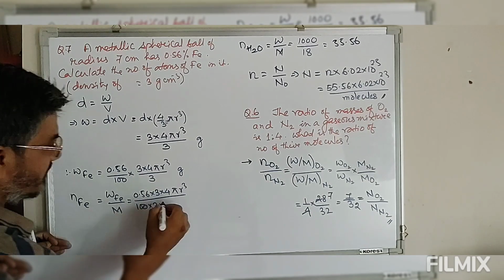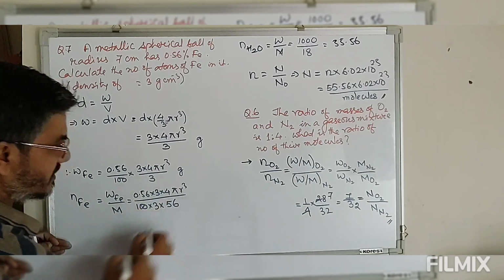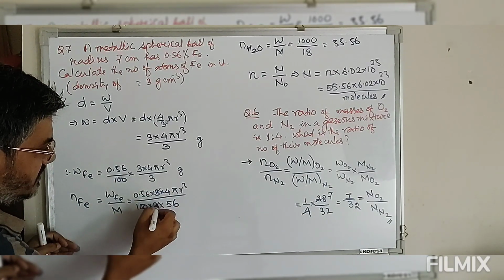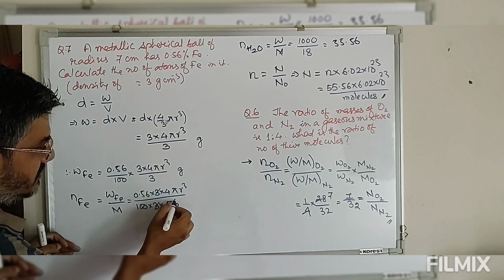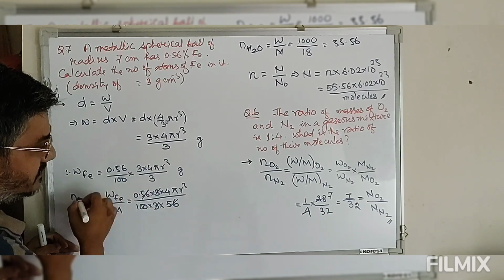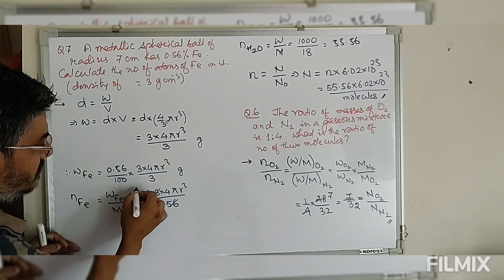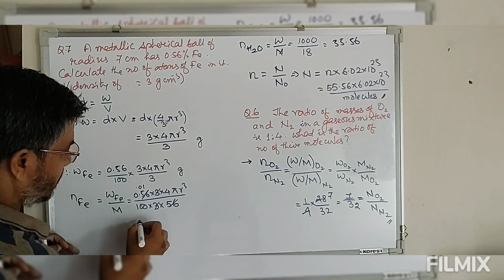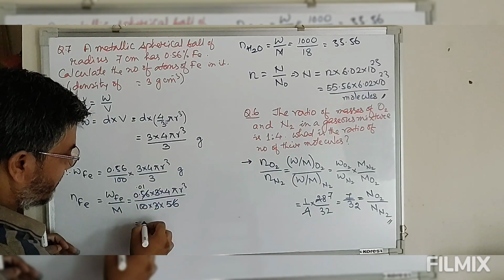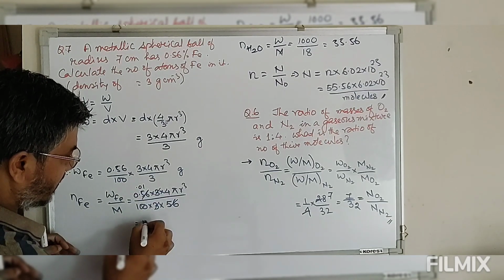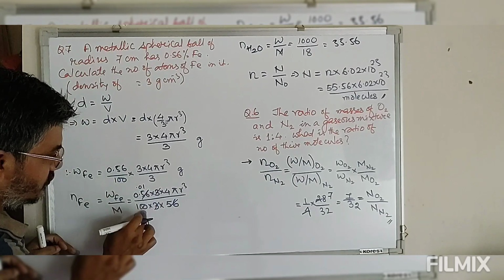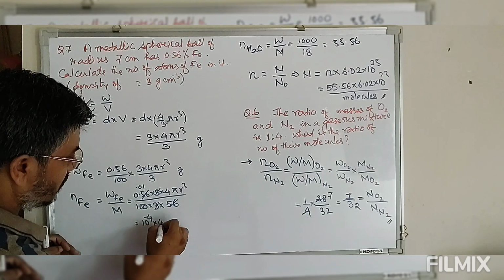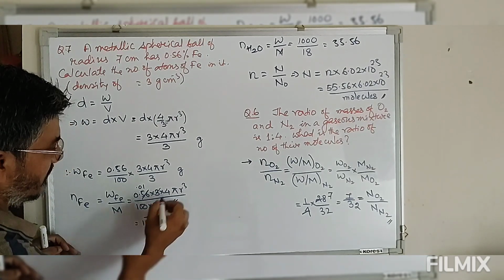The gram atomic mass of iron is 56. So now look at this, these 3 cancel out. So this is 0.56 divided by 56, giving 10 to the power minus 2 here, and so this is 10 to the power minus 4, into 4 into pi.